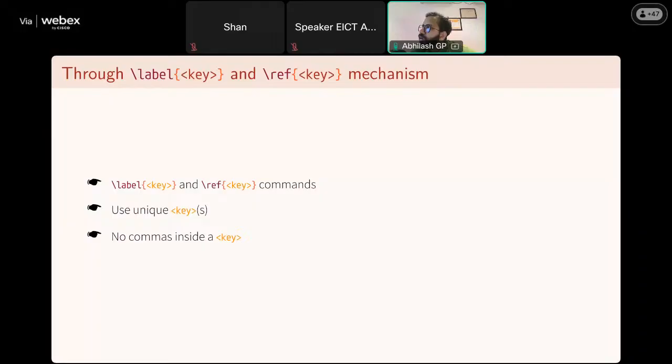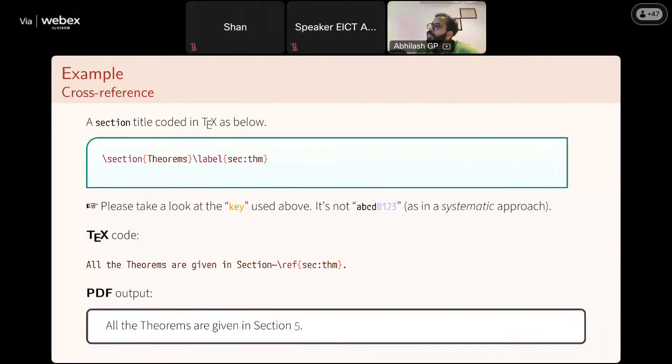So that should match. This is a simple example of adding a label for a section. You can see the section theorems. So the heading is theorems. After that, you need to add sec colon thm, whatever. You can add whatever as the key, but avoid the comma. That is the only rule.